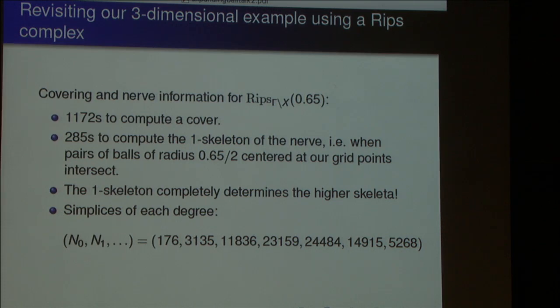Why did Rips consider Rips complexes? The reason Rips considered them is he was interested, I think, in defining a homology theory that would respect two metric spaces being close to each other in an appropriate sense.